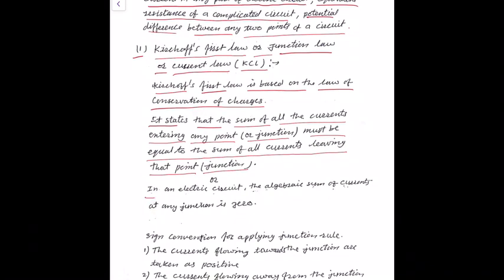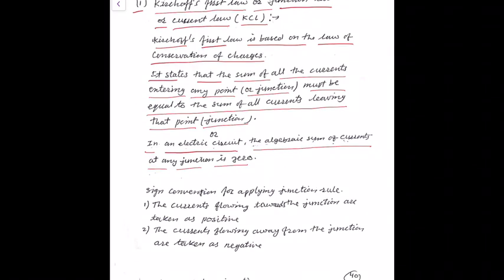Or, in an electric circuit, the algebraic sum of currents at any junction is 0. That is, summation I is equal to 0.